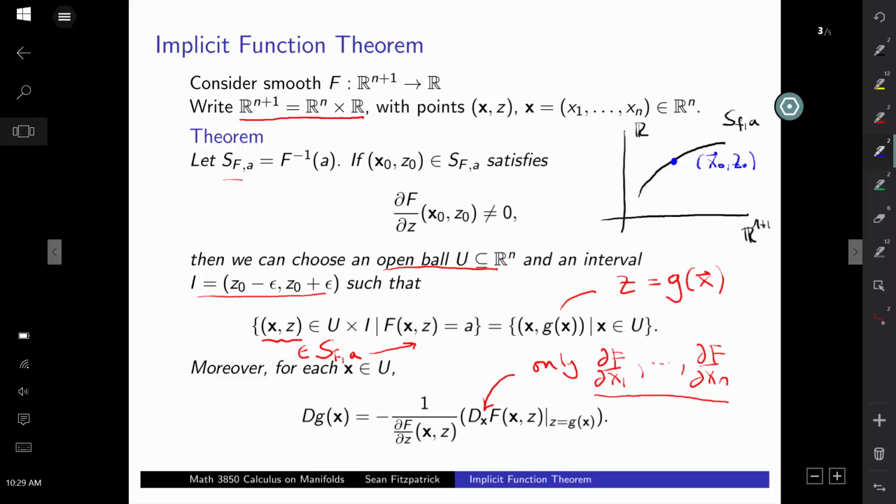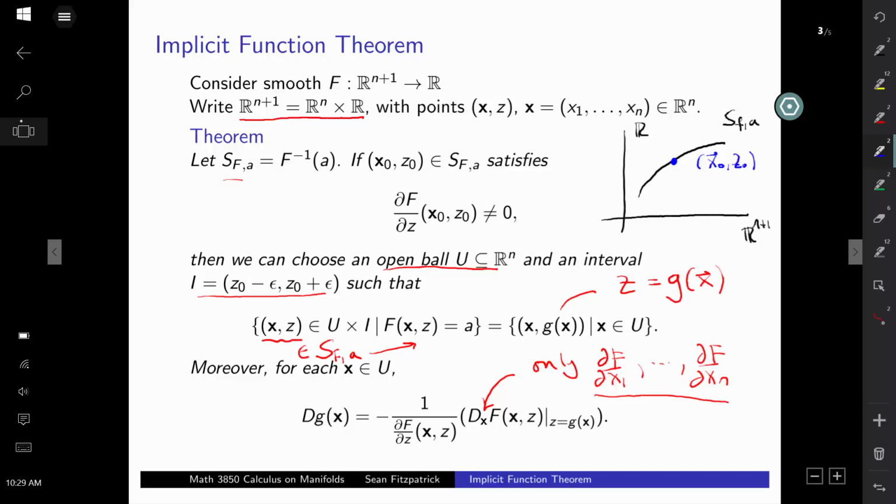From this point of view, you're looking for a point where the tangent line, or tangent plane, is not vertical, right? This condition is basically saying that if we draw that final coordinate vertically, we don't want the tangent to be vertical. That's what allows us to solve for that final variable in terms of the others.